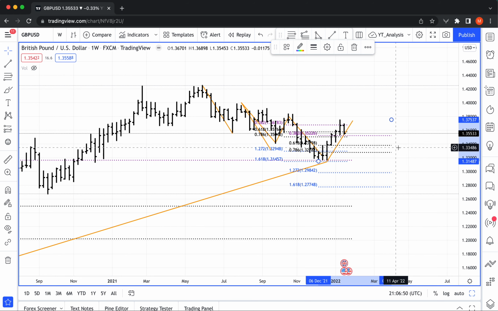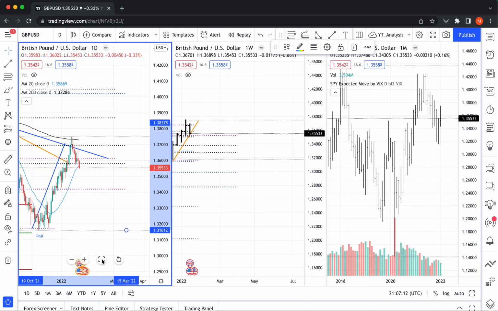It could possibly move lower, but with GBP USD, just because of this longer term support which came here, we have to be cautious of how low it can go, and also if oil prices remain stable or move higher, then that could possibly also be supportive of GBP USD.